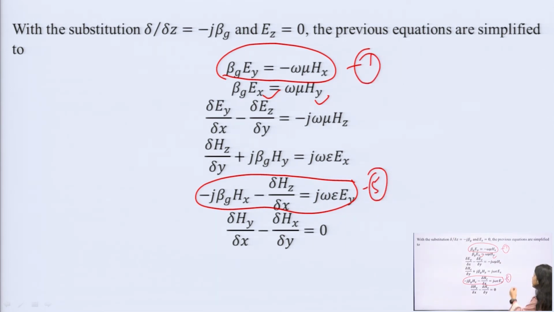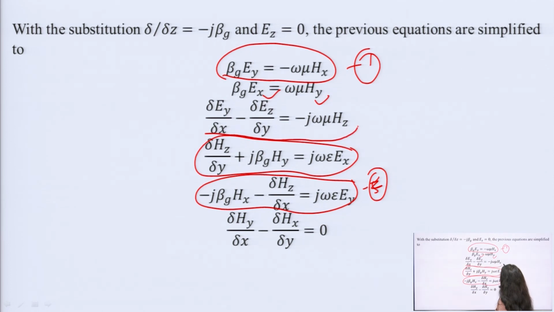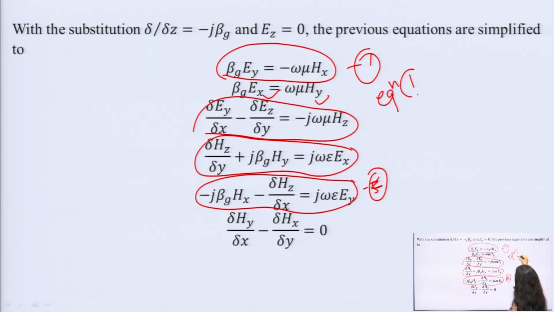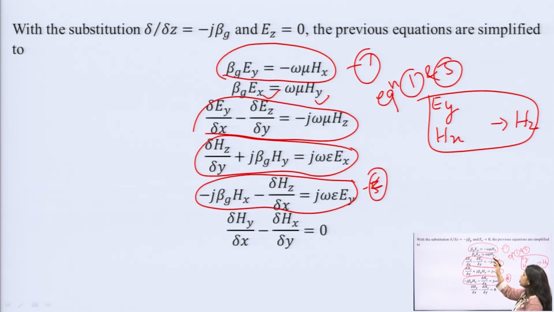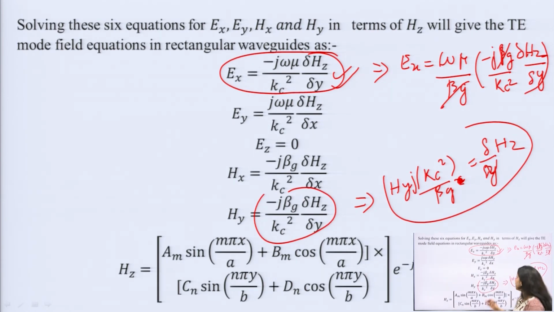On solving equation 1 and 5, we are able to get the expression of Ey and Hx in terms of Hz. The steps are the same as we have done for the calculation of Ex and Hy. You should proceed in the same manner and you are able to get the expression.